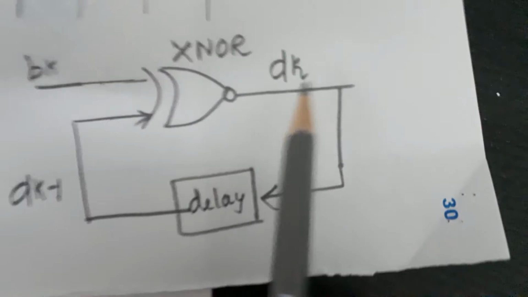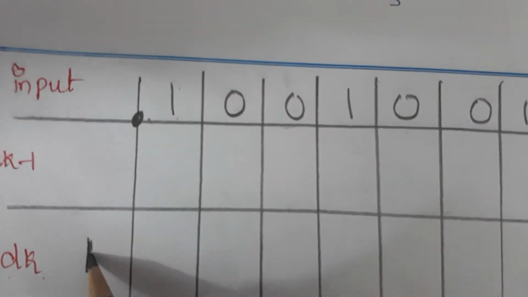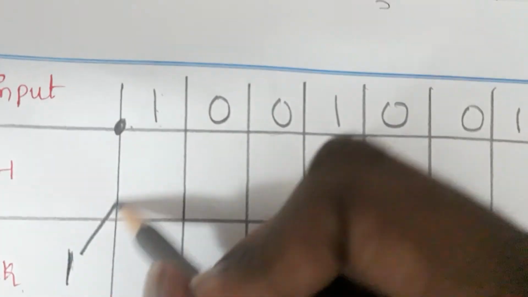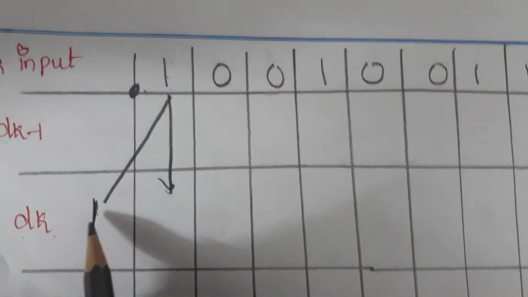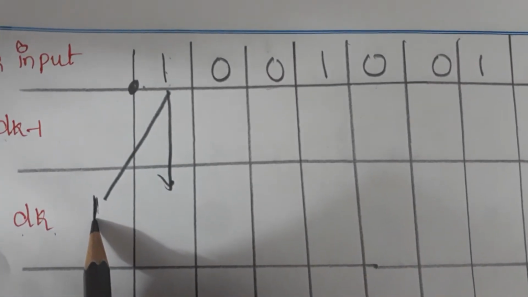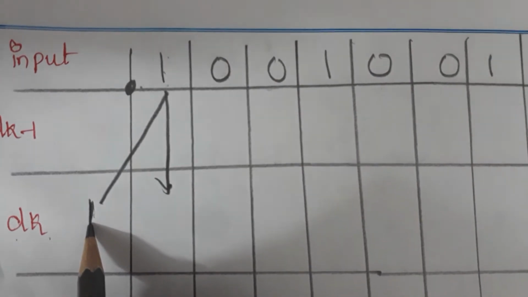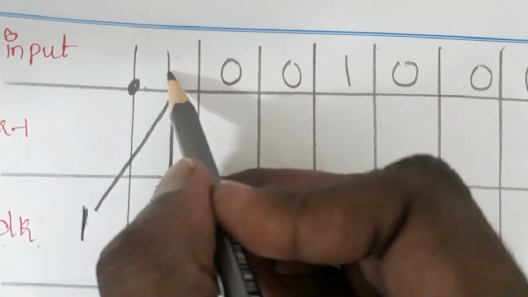Now you can observe here, this is the present value and the previous value. In the XNOR, I get the output. So 1 and 1, please observe, I am going to write here. This is the previous value stored in the delay. This is the present value.